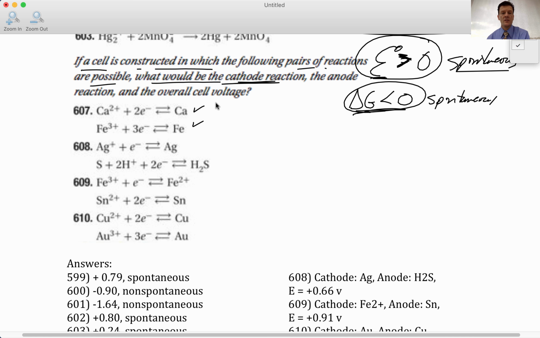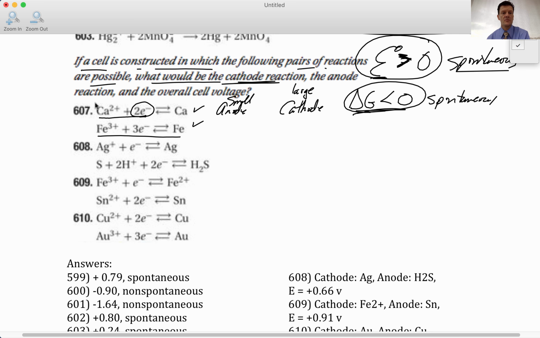The larger one, whichever one is larger, is going to be your cathode. The large value is your cathode. The anode is your smaller value. So whichever one of these is larger, that's the one that actually is going to gain electrons. Whichever one is smaller, you would actually see the reverse reaction occurring.